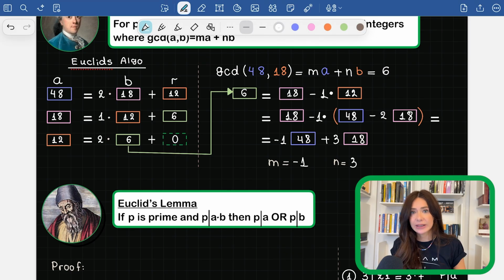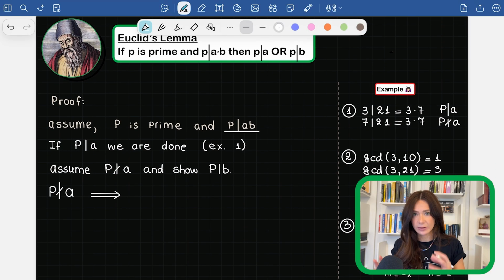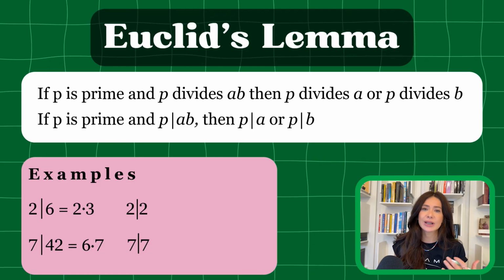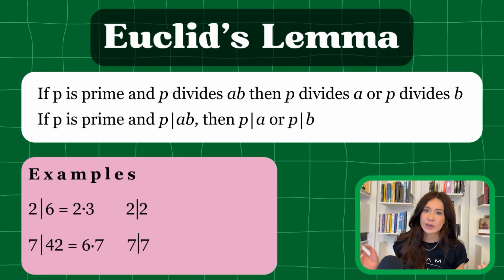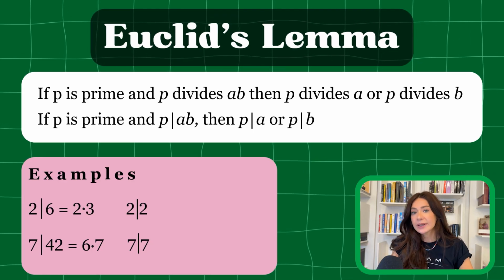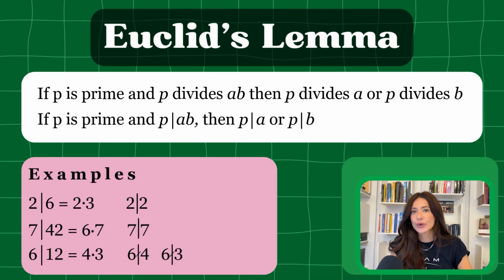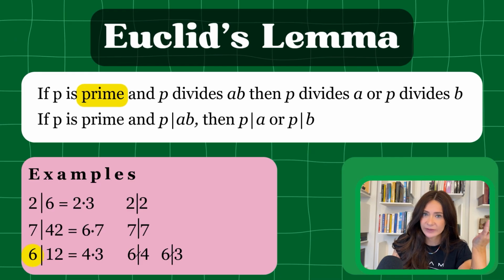Now we are ready to do the actual proof of Euclid's lemma. So Euclid's lemma says this: if p is prime and p divides a times b, some composite number, it can be 6, it can be 21, or whatever you want, then p divides a or p divides b. Okay, so if you took 6 divides 12 and 6 doesn't divide 4 or 6 doesn't divide 3, it breaks because 6 is not prime.